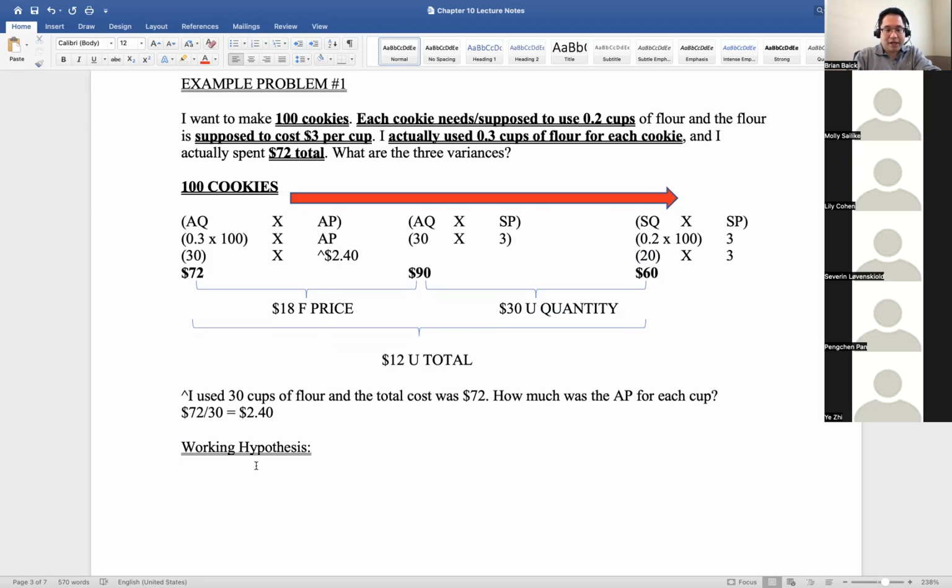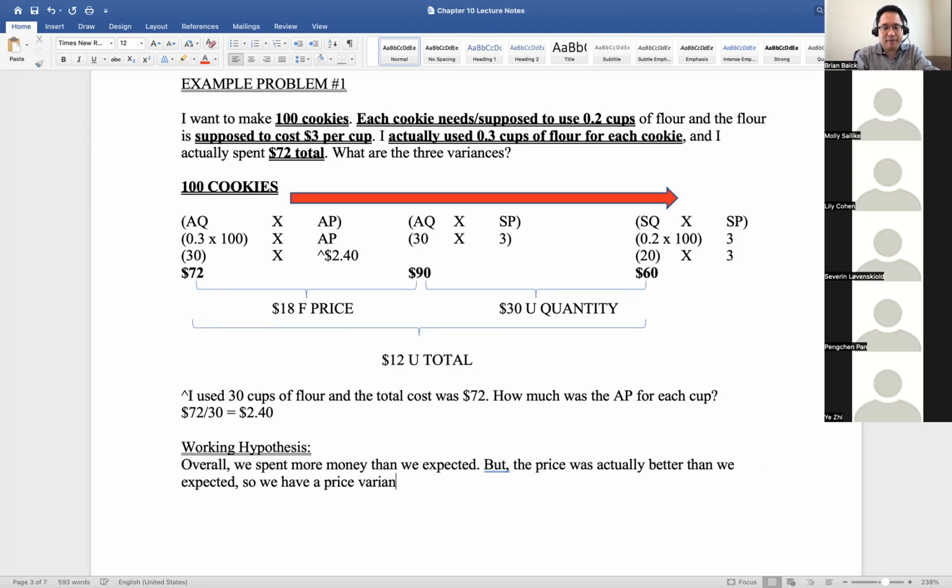Okay, so working hypothesis, let me type what I just said. Overall, we spent more money than we expected, right? But the price was actually better than we expected. So we have a price variance that is $18 favorable. Okay.